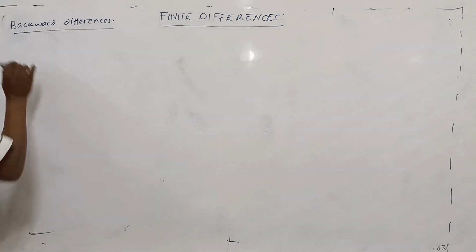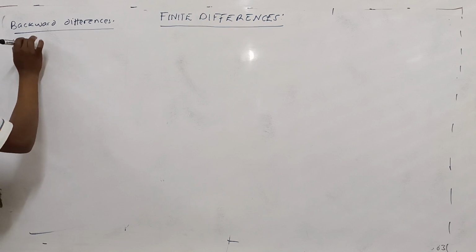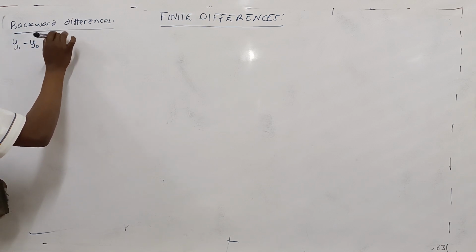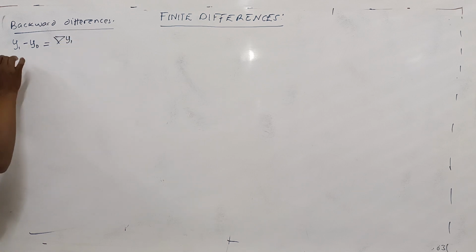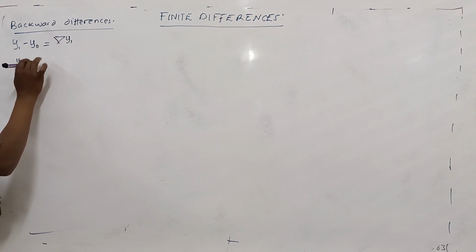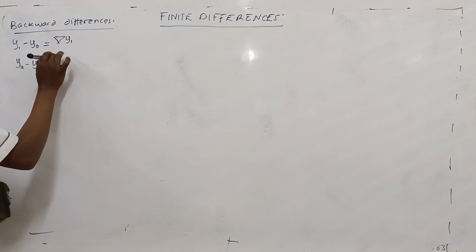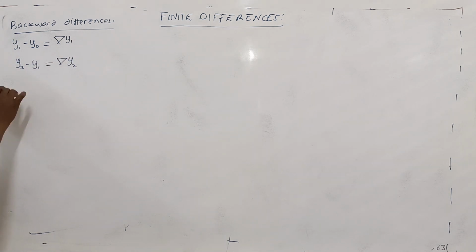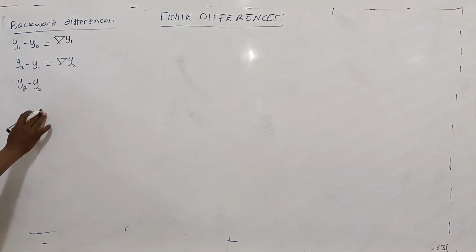Suppose we take y1 minus y0. This we can call the first backward difference of y1. Suppose we take y2 minus y1. This is the first backward difference of y2. Suppose we take y3 minus y2.